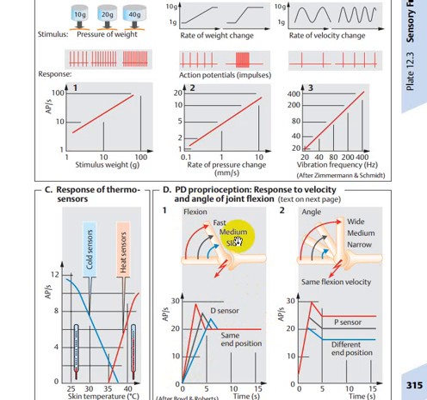Even if you move from fast to slow, the slow one is going to have a slow steepness of the action potential frequency, and then all of them are going to have the same position at the end. For the medium, you see that the steepness is slightly higher than the slow one.